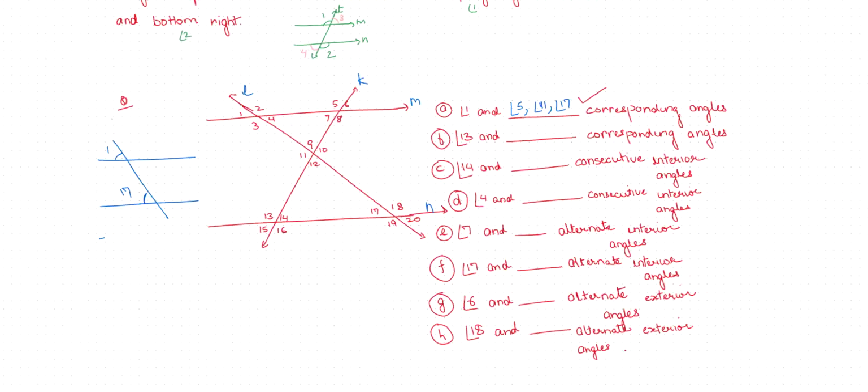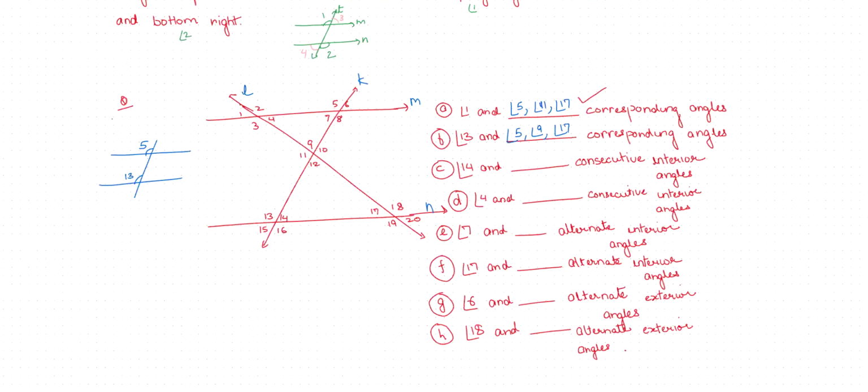Now here we clearly see that 1 and 17 are corresponding angles, because here the transversal line is L and the two other lines are M and N. So the transversal line which is cutting is L, and 1 and 17 are matching.